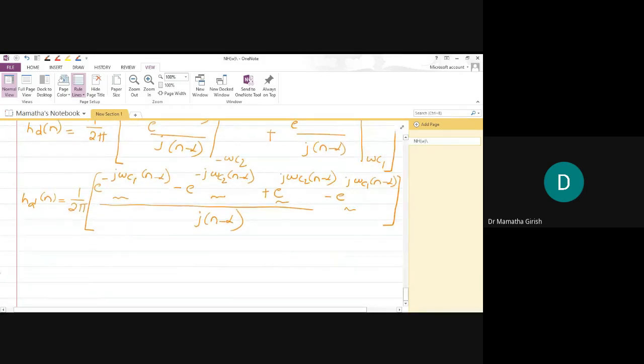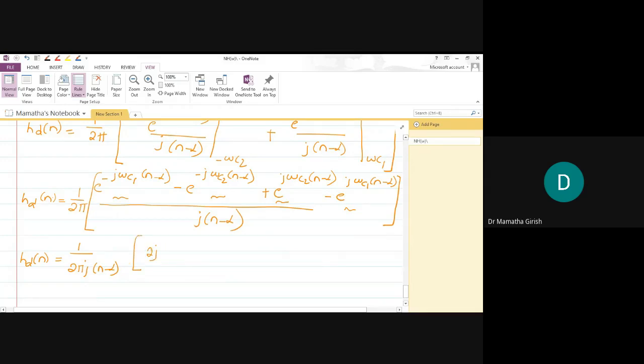I'm employing the same formula here. Therefore, hd of n will be equal to 1 by 2 pi j times n minus alpha, times the following.